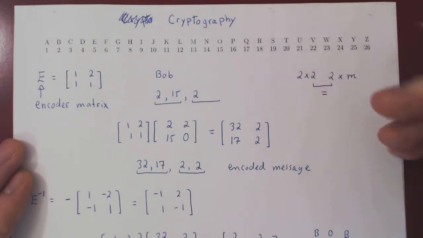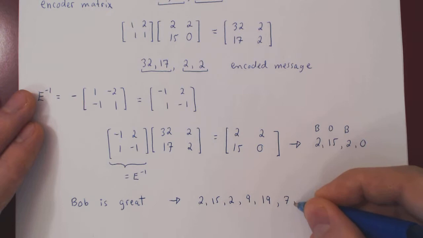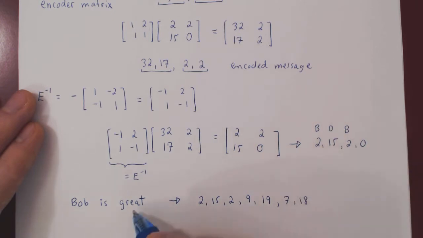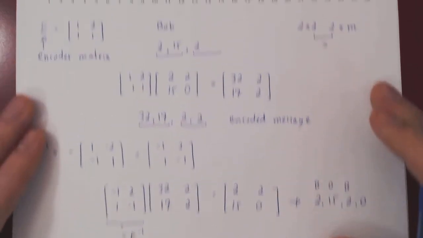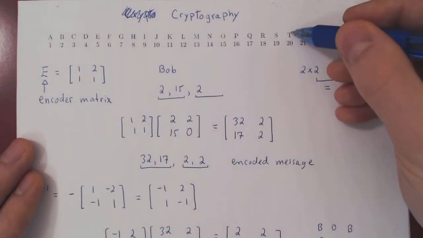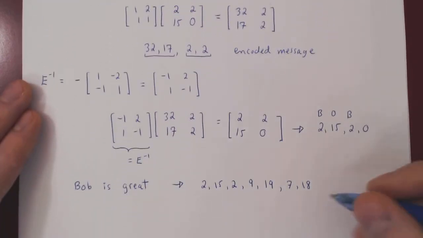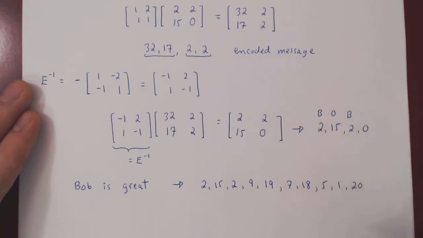R is 18, so 718. E, A, T. Well, E is 5, A is 1, T is 20. So 5, 1, and 20. And that's the first step. We have converted the original message into a numerical message.